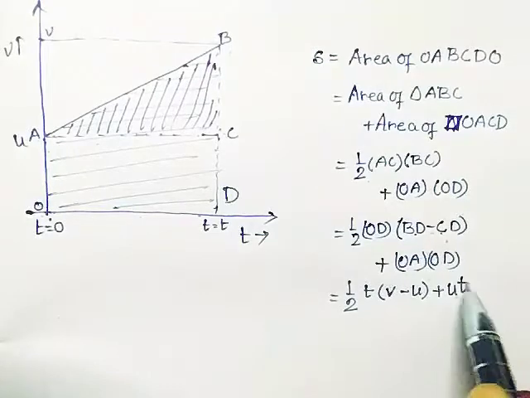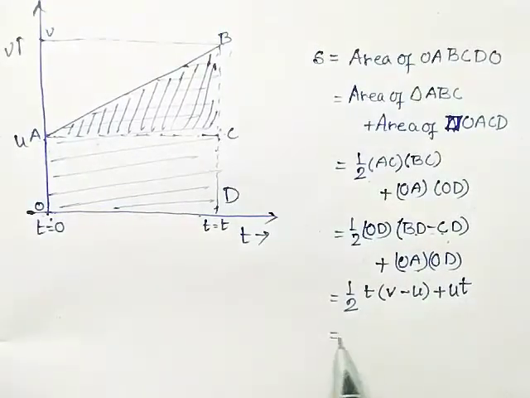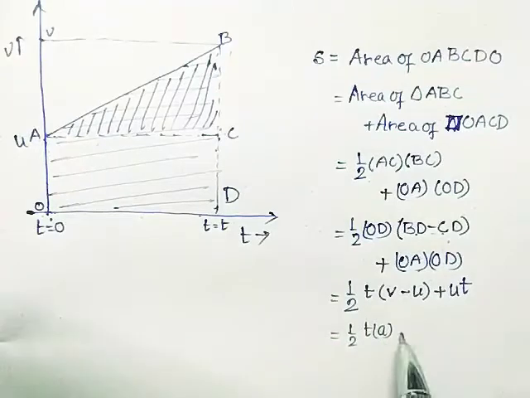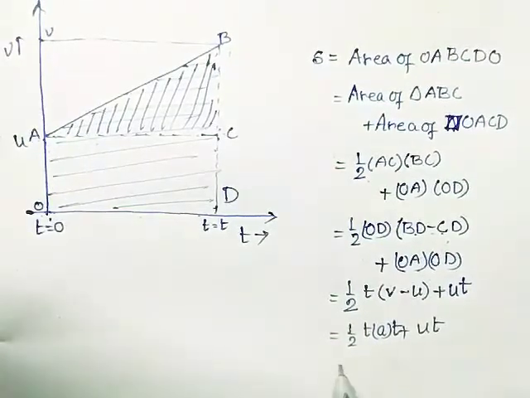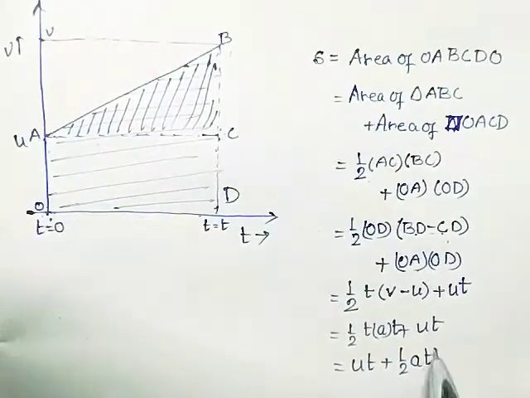OD is this T. So if I replace using the first equation of motion, V equals U plus AT, then it will be T into AT, and UT. So it will be UT plus half of AT square.